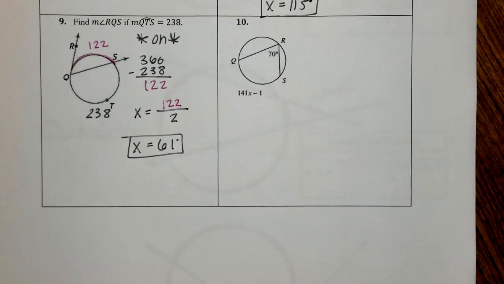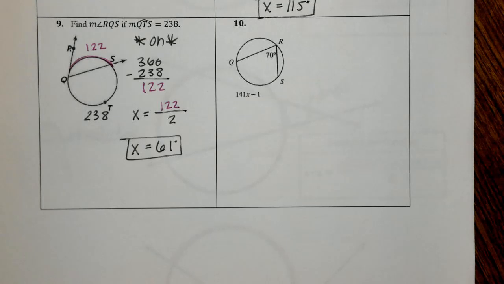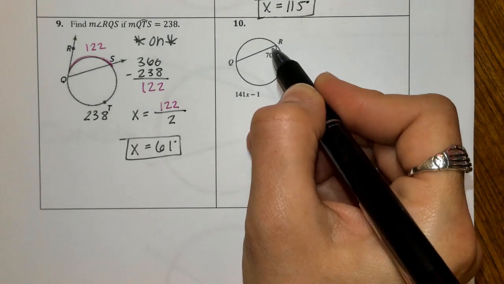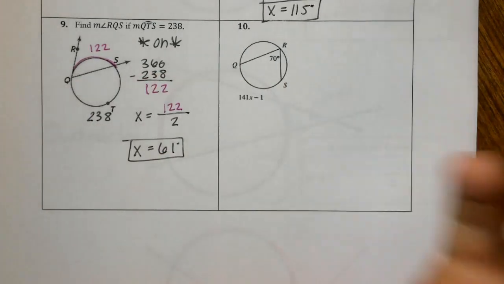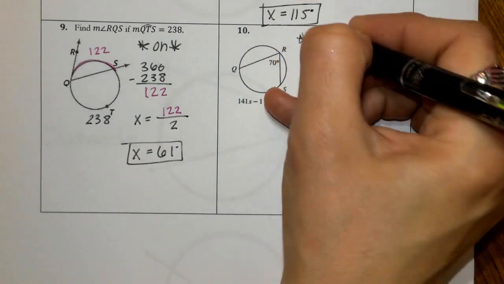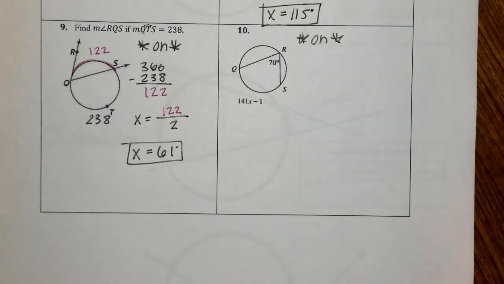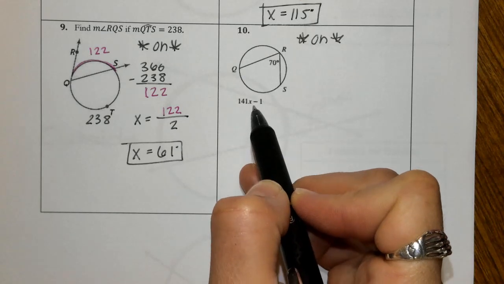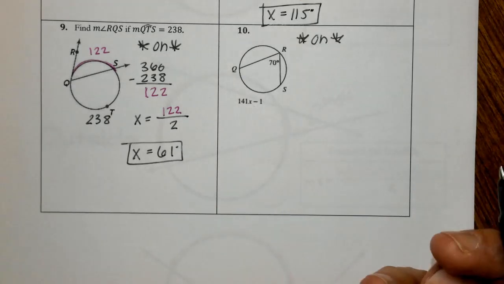So let's go ahead and get some algebra involved now. We are looking at an angle that is on the circle. So we have another on, but this is going to be the inscribed angle where we have two chords. So we're going to set the angle measurement equal to half of the arc.